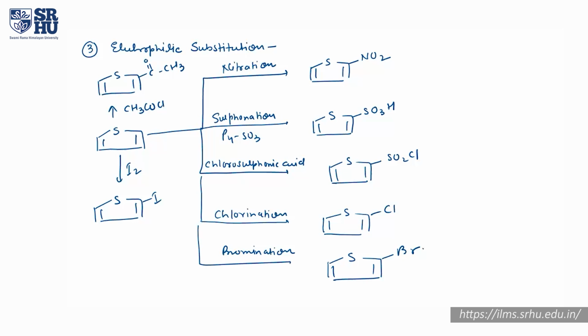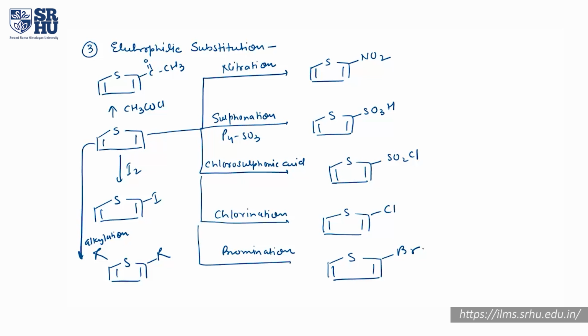You can also undergo alkylation, and if you undergo alkylation, you will see that whatever the alkyl group is, it is attached to the second position. So the main electrophilic substitution position is position number 2 for thiophene. Okay, so these are all the reactions.